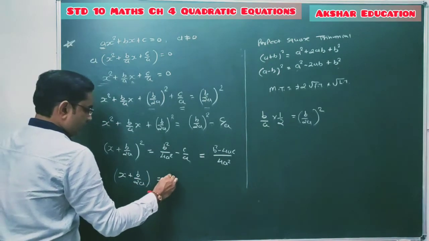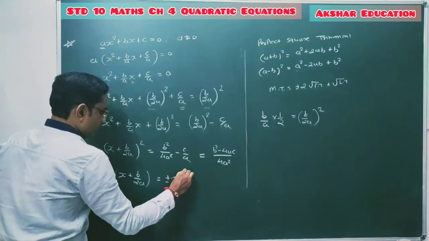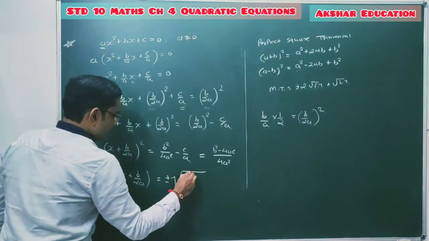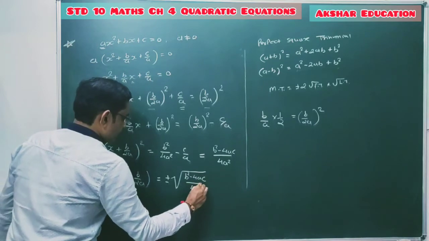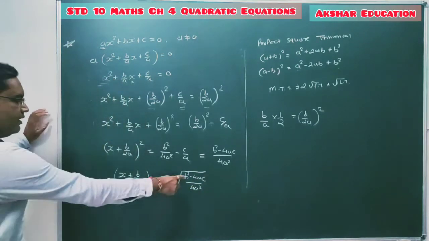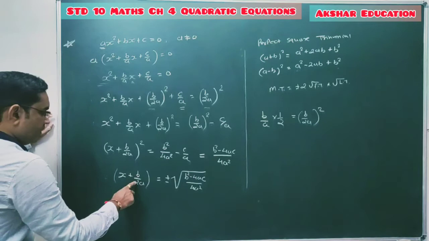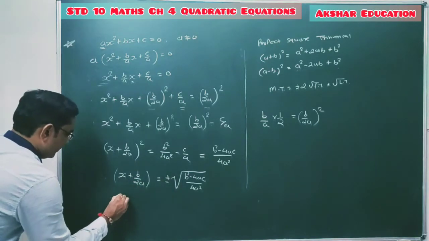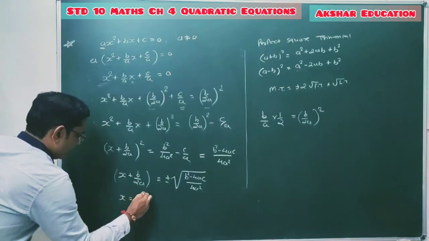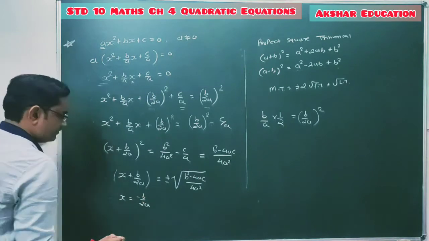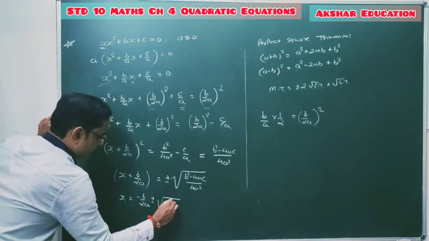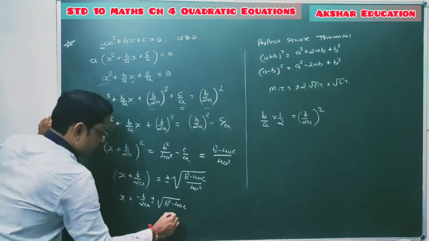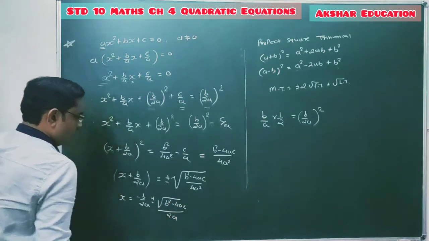So this is equal to the square root, which is plus or minus the square root of (b square minus 4ac) upon 4a square. Clear? Now taking this b upon 2a to the right hand side, we get x equal to minus b upon 2a plus or minus the square root of the numerator b square minus 4ac, divided by 2a.